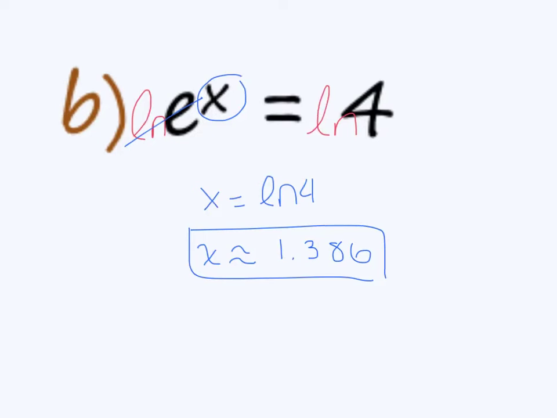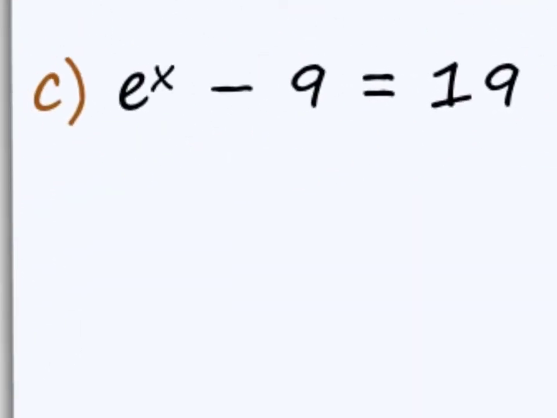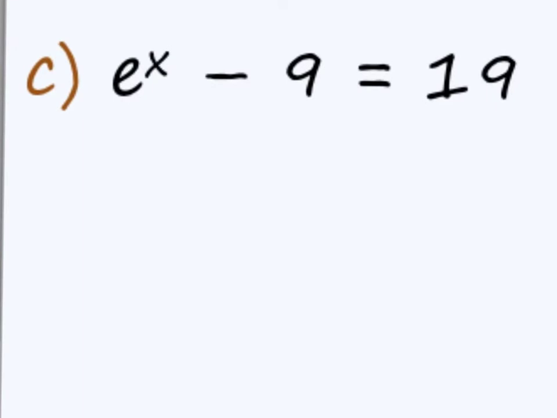If I look at C on our notes, this one's a little bit different because first I need to isolate e to the power of x. Once I do that, then I can take the natural log of both sides. So it just has one additional step. So what I want to do is bring the 9 over, add 19 with 9, and we end up with 28.